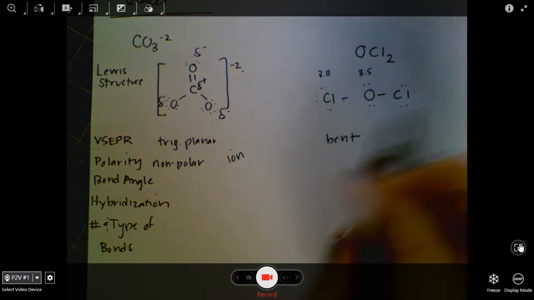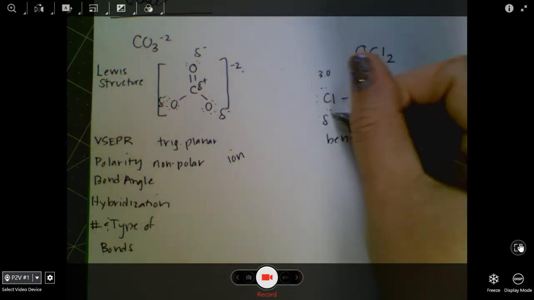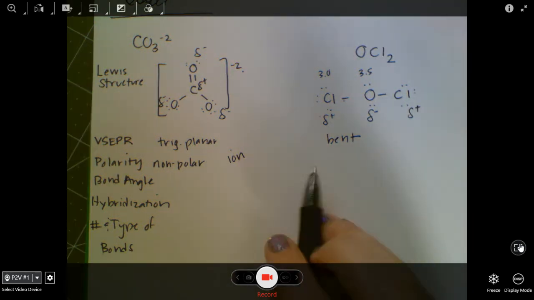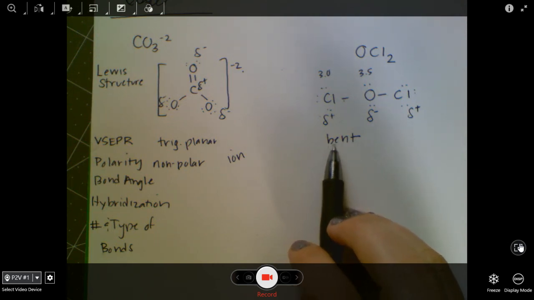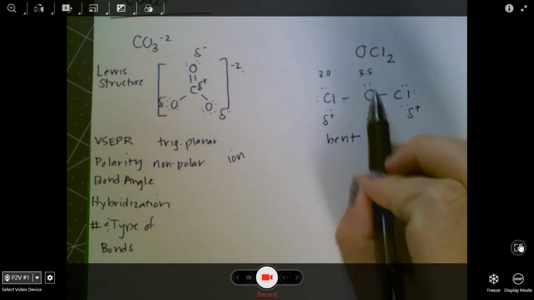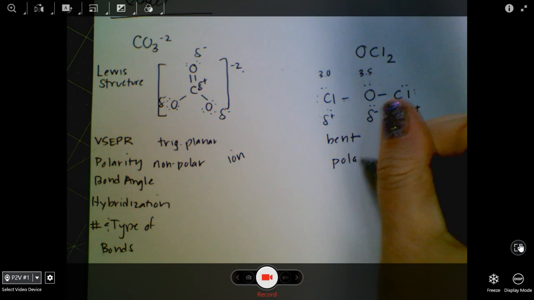O is 3.5. The difference is 0.5. So O is partially negative. Cls are partially positive in this case. The bent shape makes this polar because I have polar bonds and I have dots on my central atom, and that's going to make this a polar molecule.